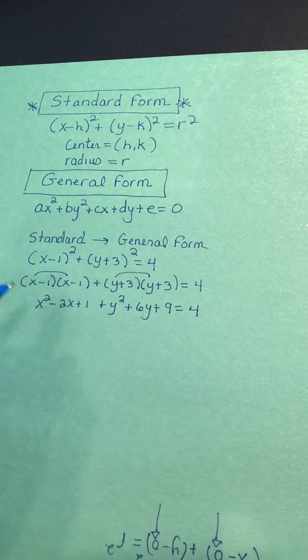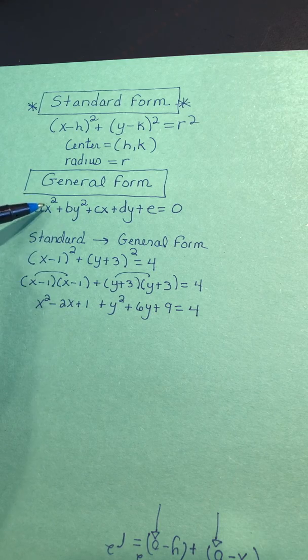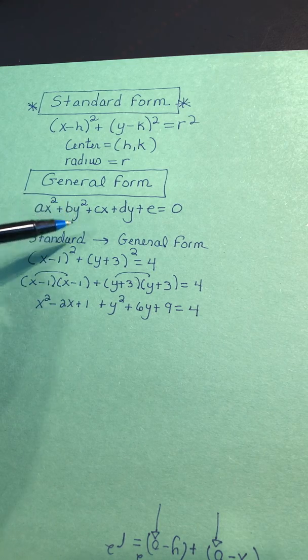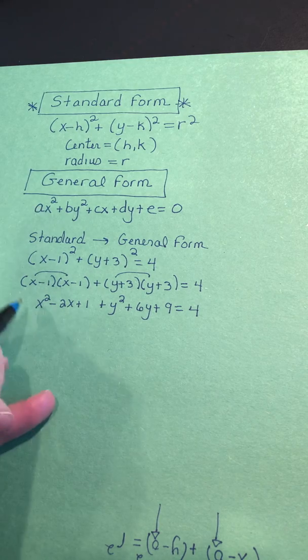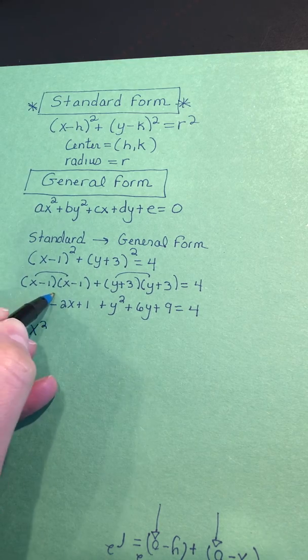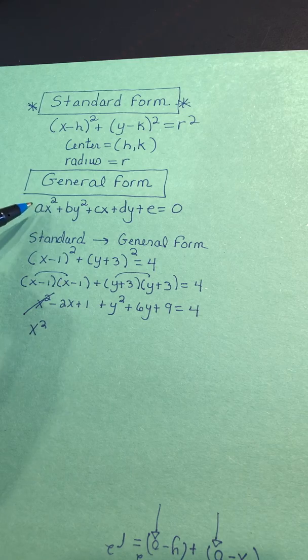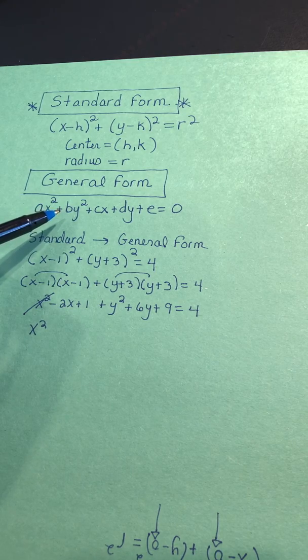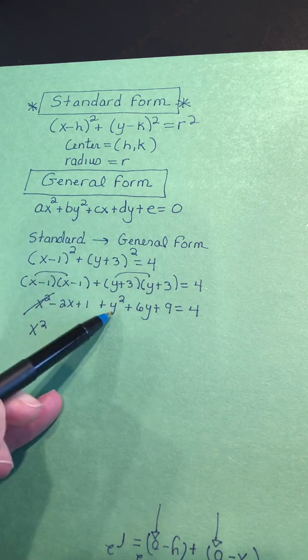And once I've multiplied it, my job now is to rearrange the terms so they're in the correct order. First up, I need my x squared term. So I'm going to put that first, and I'm going to cross it out so I keep track of what I'm doing. Next, I need my y squared term. That's here.